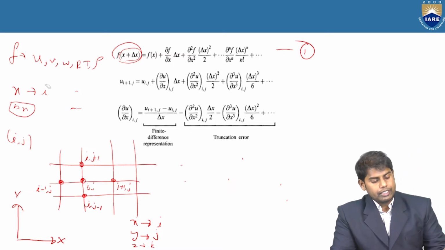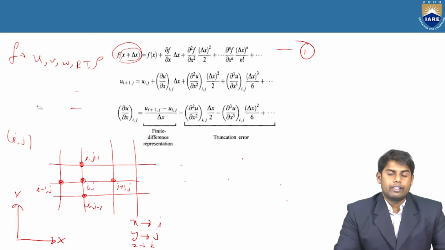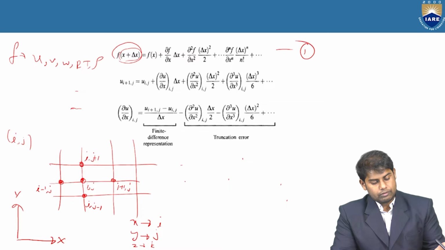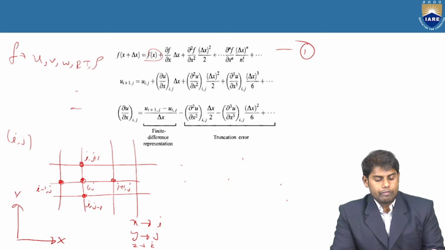Now we will be seeing how, using the Taylor series expansion, we get the forward difference and the backward difference. We have f of x plus delta x. The formula for the Taylor series is f of x plus dou f by dou x into delta x, and dou square f by dou x square into delta x square, and so on.